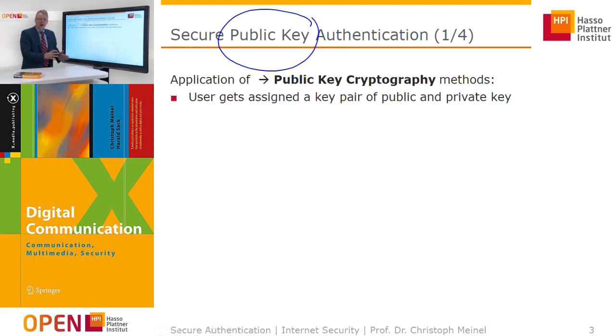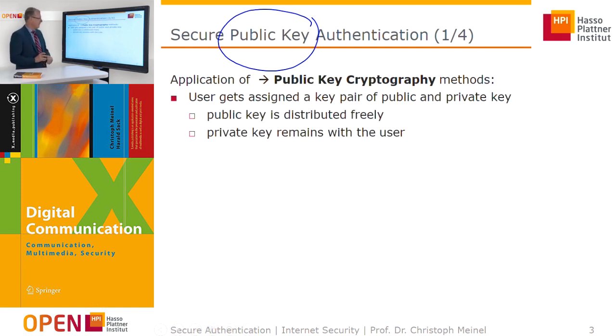There is one so-called public key and another so-called private key. The public key can be widely distributed. Everyone who wants to get in contact with me can get my public key. But my private key I never have to give to another party.